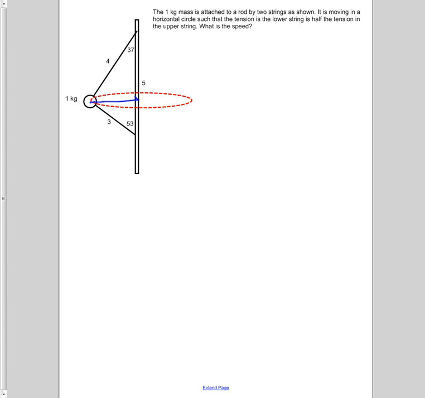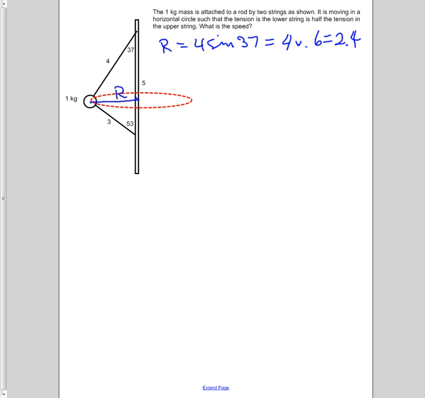By simple geometry, we have a triangle whose angle is 37 degrees and whose hypotenuse is 4 meters. And so this unknown quantity r is equal to 4 times the sine of 37, which is 4 times 0.6, which is 2.4 meters. Okay, so that's the radius of the circle.